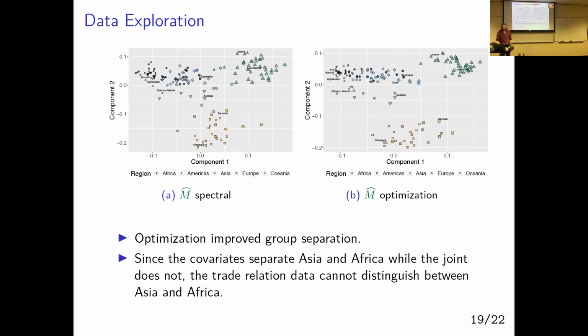So anyway, we do see some well-defined clusters here. And just reminding us what this means: these are the joint components. So the joint is capturing what both data sets capture, right?